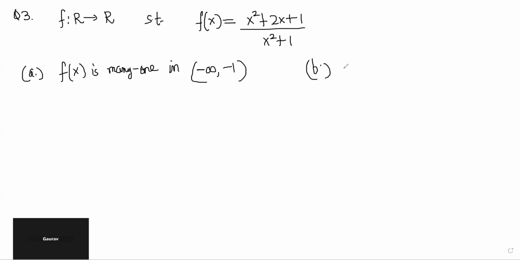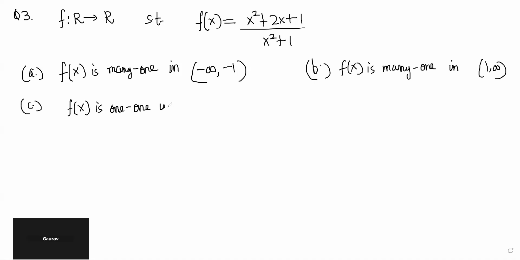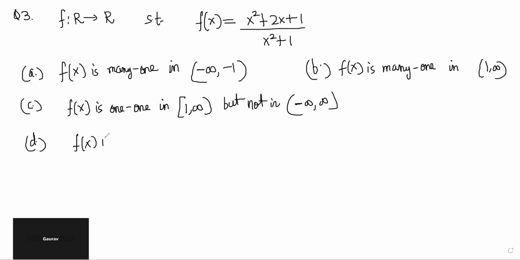B option is f(x) is many-one in 1 to infinity. C option is f(x) is one-one in 1 to infinity but not in negative infinity to infinity. And D option is f(x) is one-one in negative infinity to infinity. Write down the question and the options.